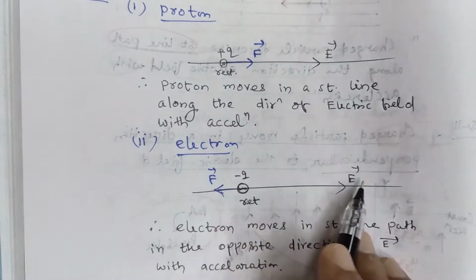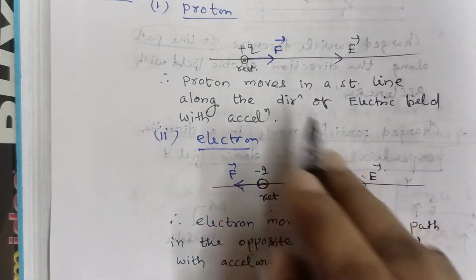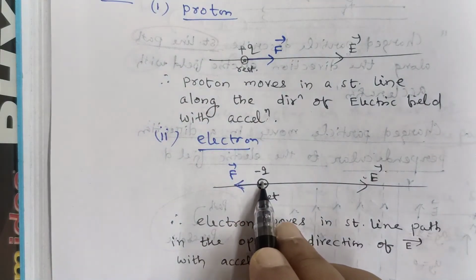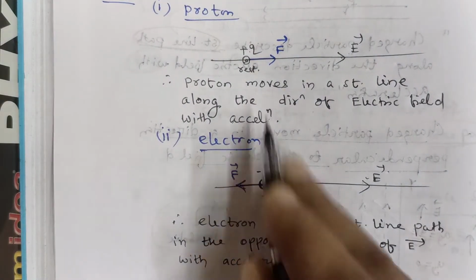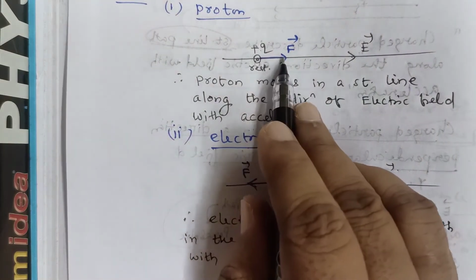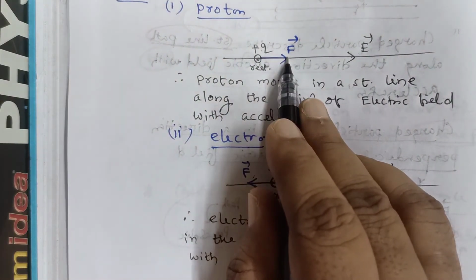This is the electric field. For both cases the electric field is directed towards the right. Here the charged particle is plus q, and here the charged particle is minus q, because it is a proton and it is an electron. For both cases initially they are at rest. Now instantly an electrostatic force acts on it, but the direction of the electrostatic force is different.